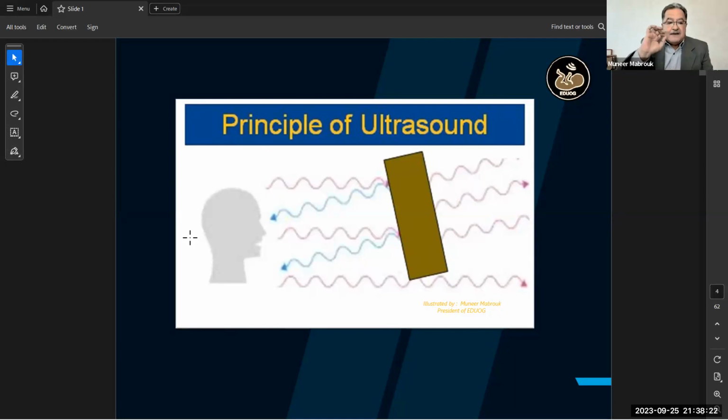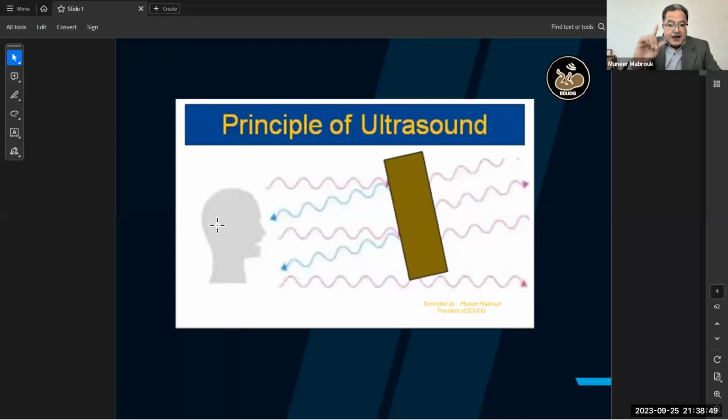When you send sound to hit some reflector and the echo comes back, to hear the echo, you have to stop sound. You have to stop, don't give sound, just to give time for the echo to come back. If you did not stop, you will not hear the echo that comes back to your ear.